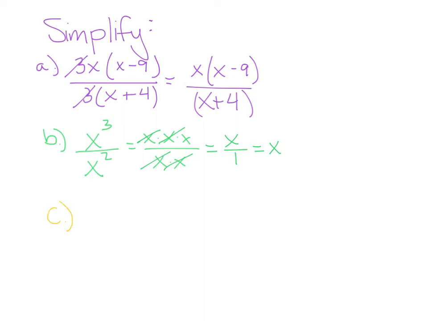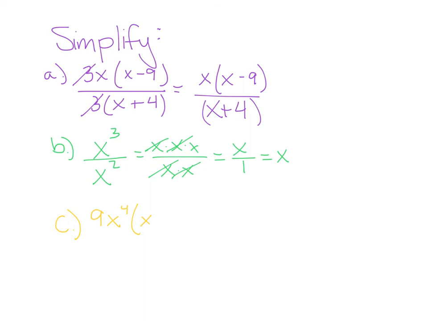Okay, next up, C. So 9 times x plus 11 times x plus 3 over x times x plus 3 times x plus 11. Okay, we want to look for common factors.